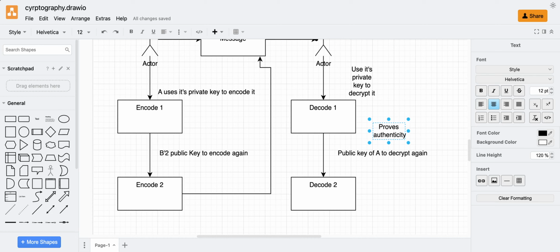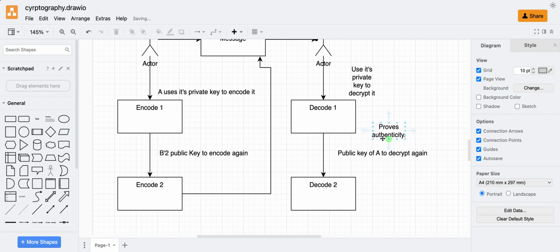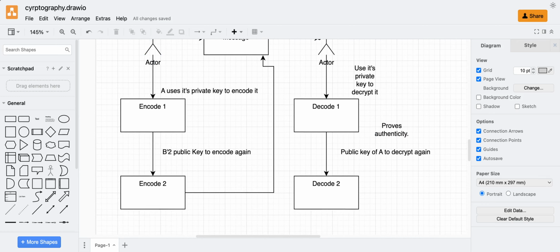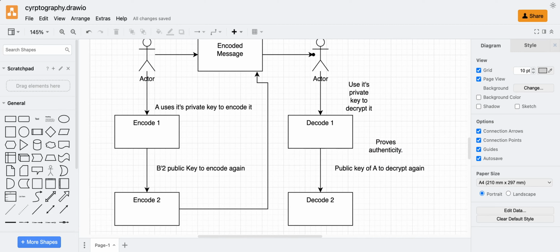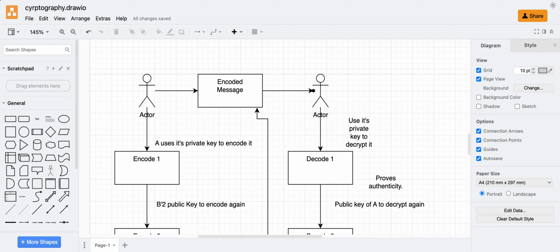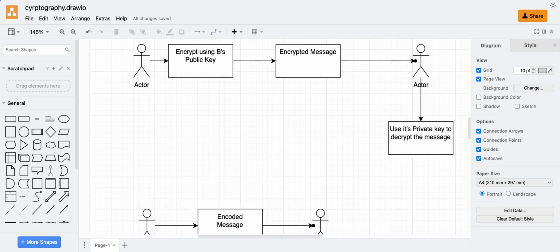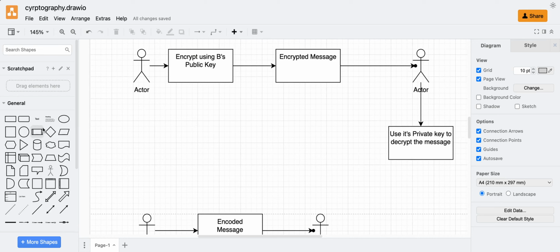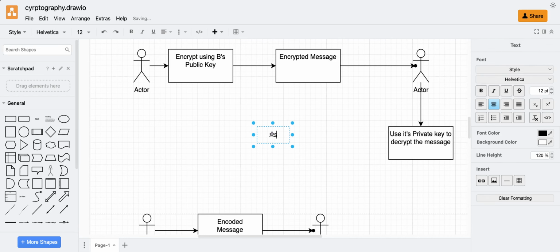It proves that this message is being sent by A only, and this is the basis of digital signature. So this is one more way how we are using this key pair to encode, encrypt and decrypt. And this is what is called asymmetric encryption.